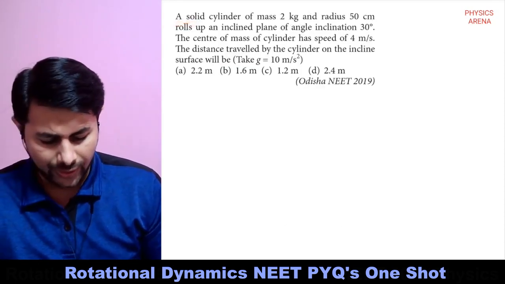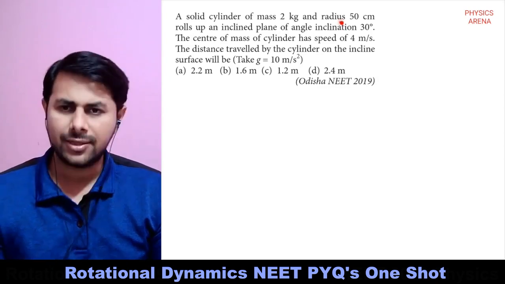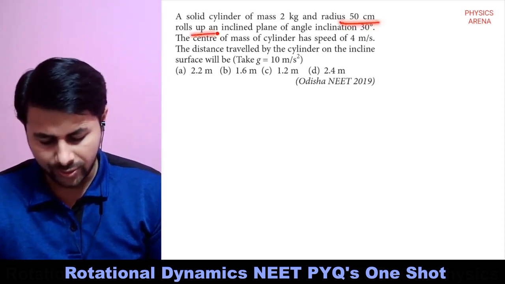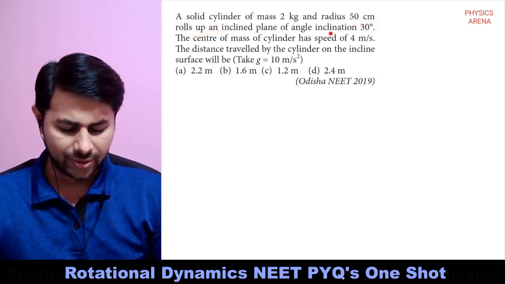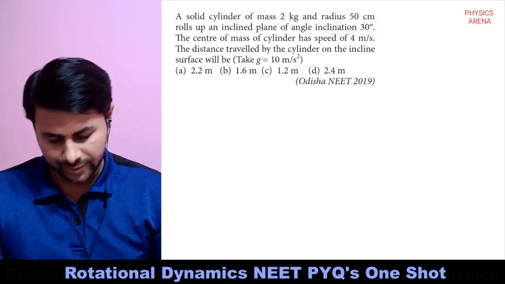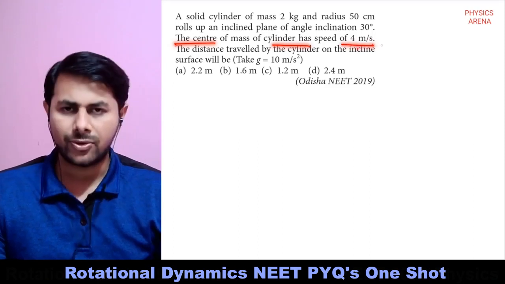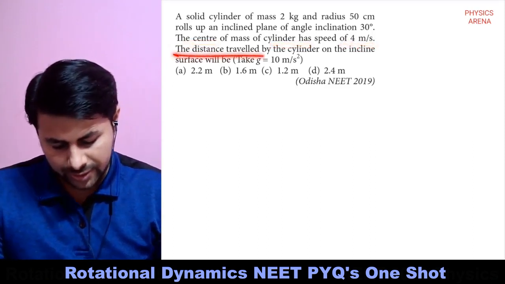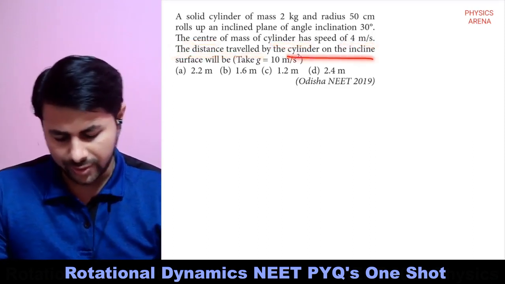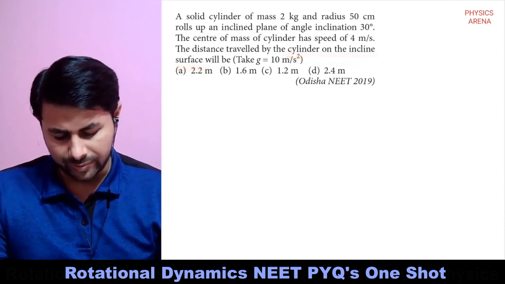Solid cylinder of mass 2 kg and radius 50 centimeter rolls up an inclined plane of inclination 30 degree. The center of mass of cylinder has speed of 4 meters per second. The distance traveled by cylinder on inclined surface will be.